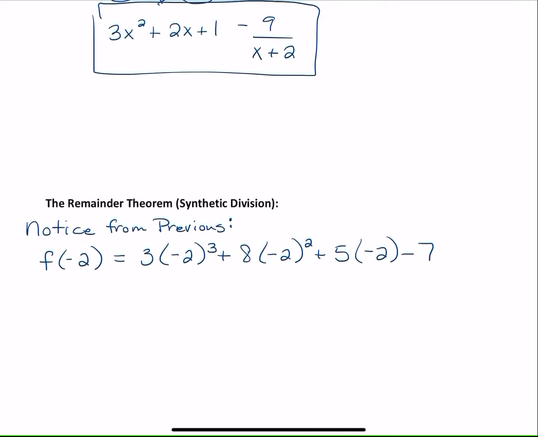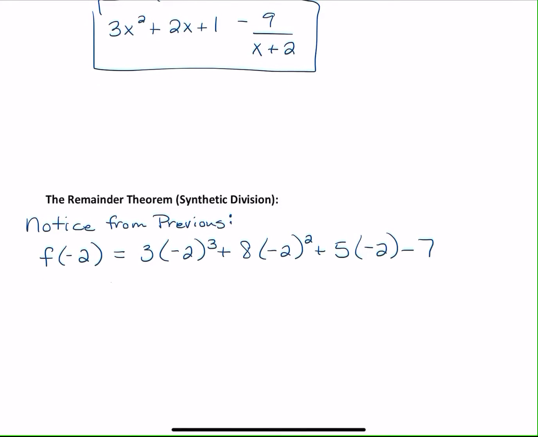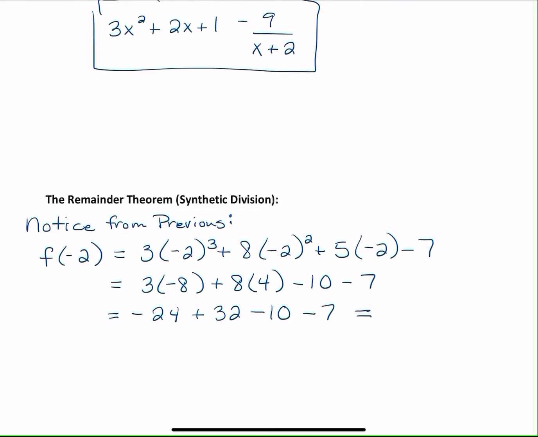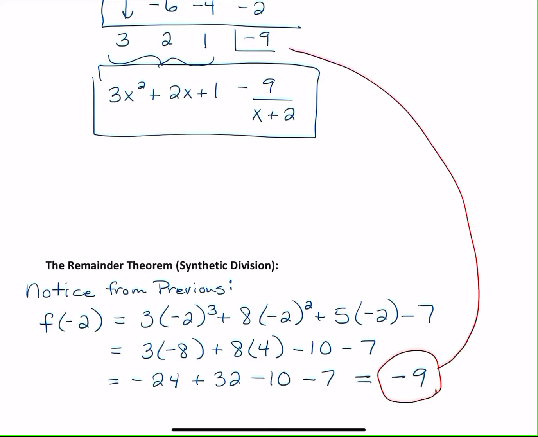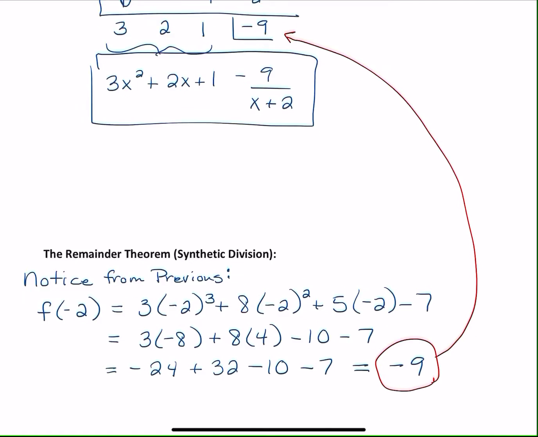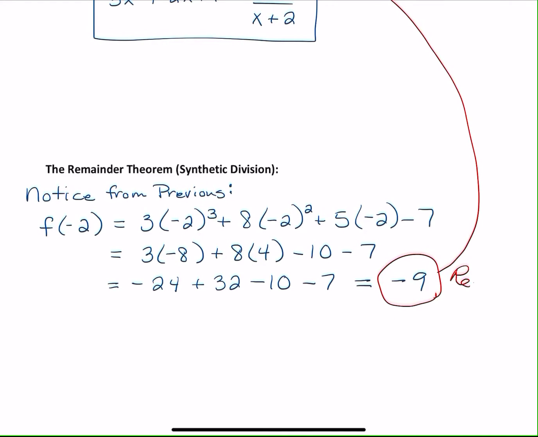So I've just plugged in negative 2 everywhere there was an x in my original. That's going to give me 3 times negative 8 plus 8 times positive 4. Let's go ahead and do this. That's a minus 10 minus 7. So that's going to give me negative 24 plus 32 minus 10 minus 7, which will give me negative 9 when I add all of that together. Notice that that is the same as our remainder. So this is the remainder from above.